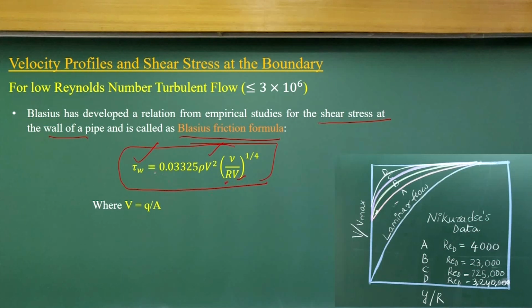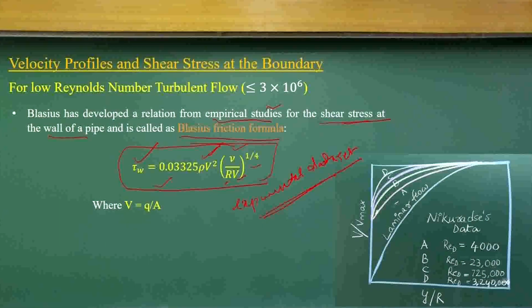That was developed to compute the wall stress from experimental data sets. It was derived from experimental data, which is why these are called empirical studies. The wall stress relates to the average velocity, the kinematic viscosity and the R value, giving the wall stress for a circular pipe.